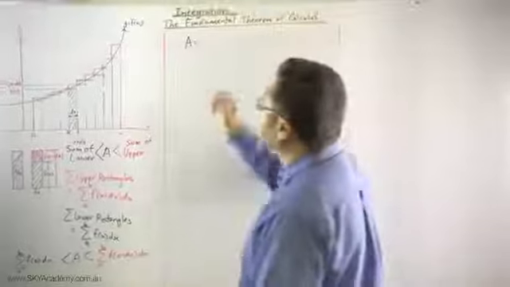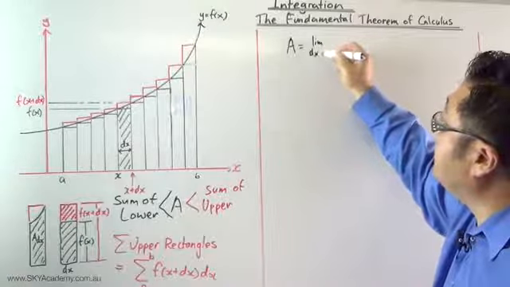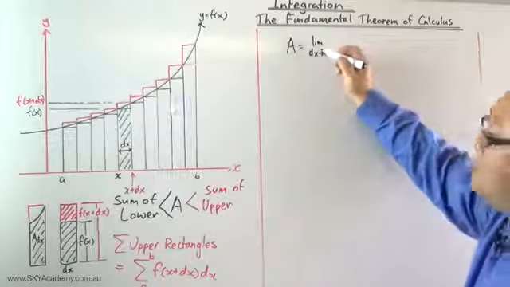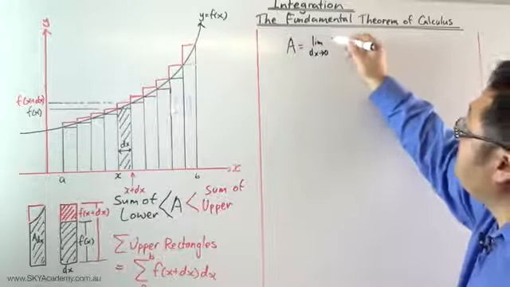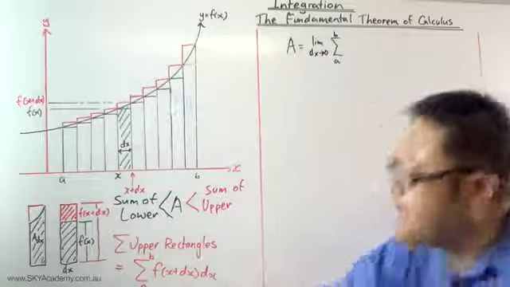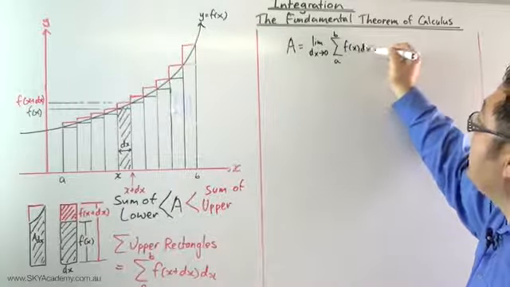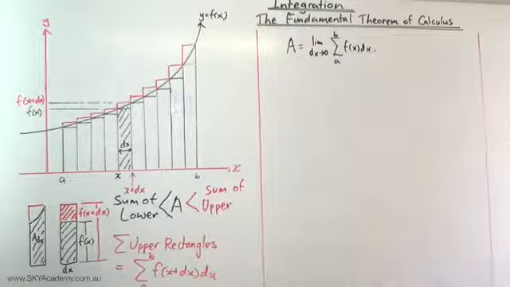So the area is going to be equal to the limit as dx approaches 0 of the sum from A to B, and let's just use this one for the time being, of f of x dx. Does that make sense?